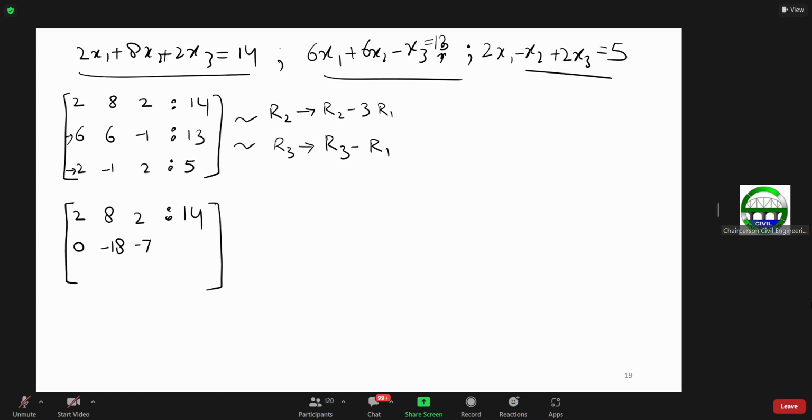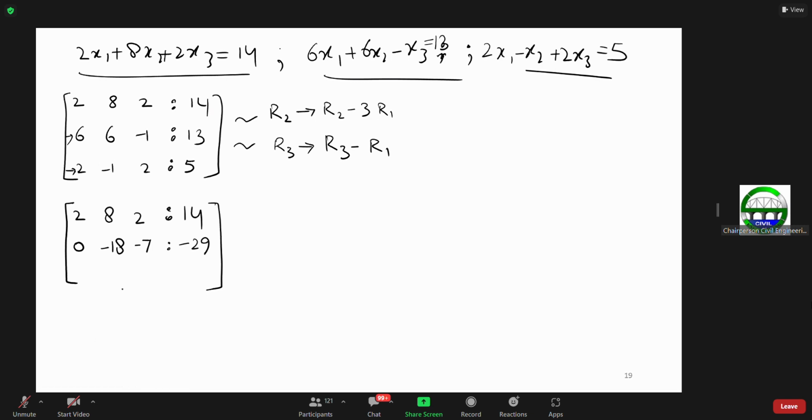And then what else? 14 threes are 42, minus 42 plus 13 equals minus 29.